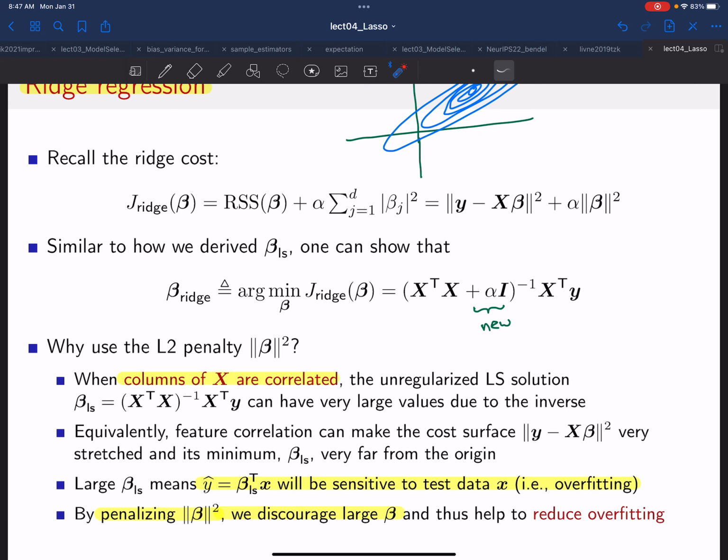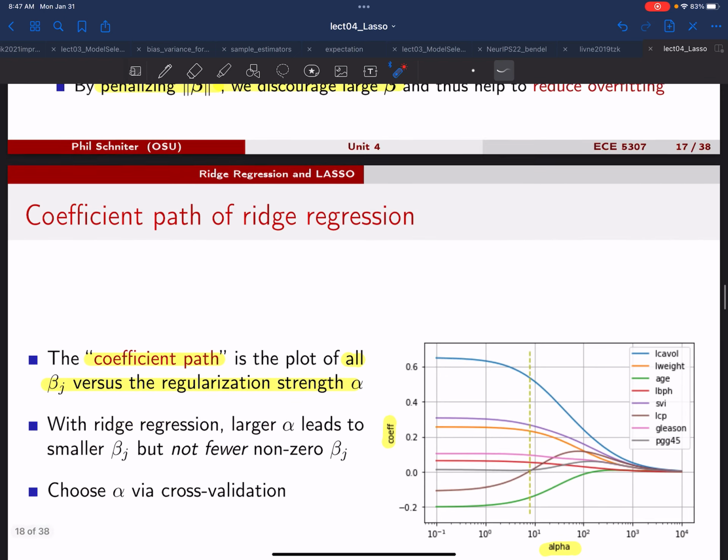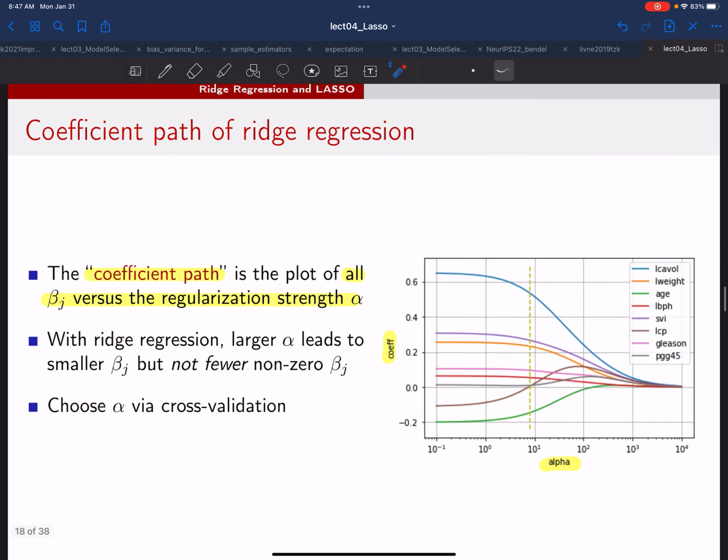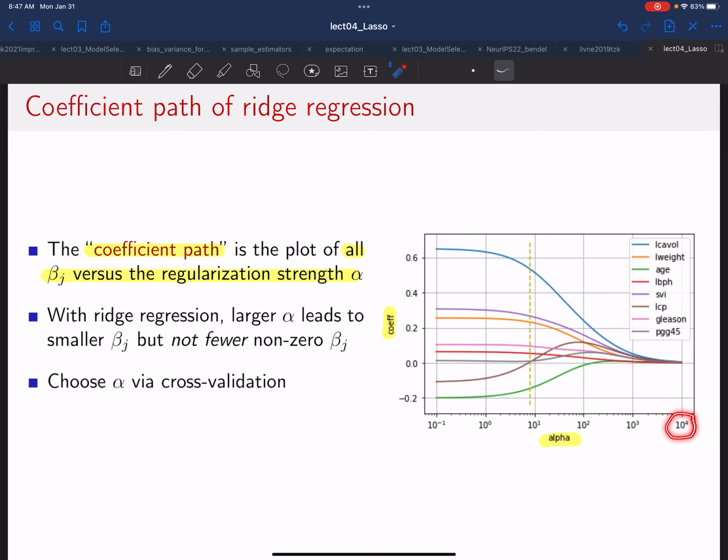So eventually, as alpha goes to infinity, it just forgets this completely and sets all the betas to 0. And that's what happens as you go in this direction. This is on a log scale, so this is 10,000. Now, if you go all the way to the left, and alpha gets tiny as it approaches 0, you just have least squares. So these are your least squares coefficients, and then it transitions smoothly to them all being 0.